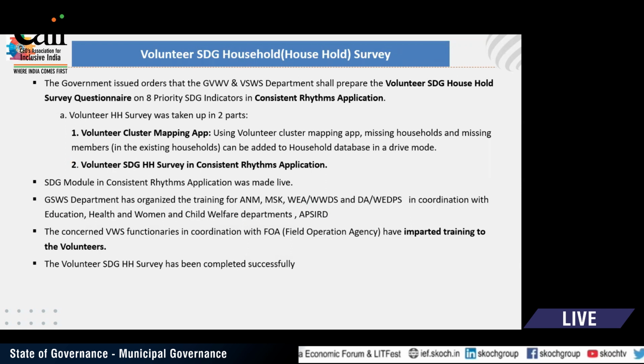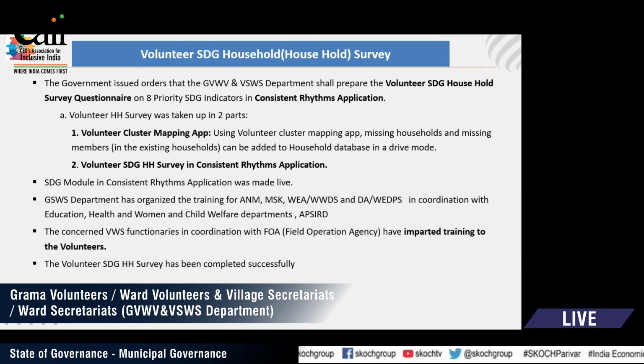So how we're going to do this is first conducting a household survey by the GVW and VSWS department. On these 8 priority indicators, a questionnaire was designed, and our volunteers who are distributed in villages are conducting this survey. Firstly, they are conducting this survey in the cluster mapping app, where they take the missing households who are left out of government schemes.